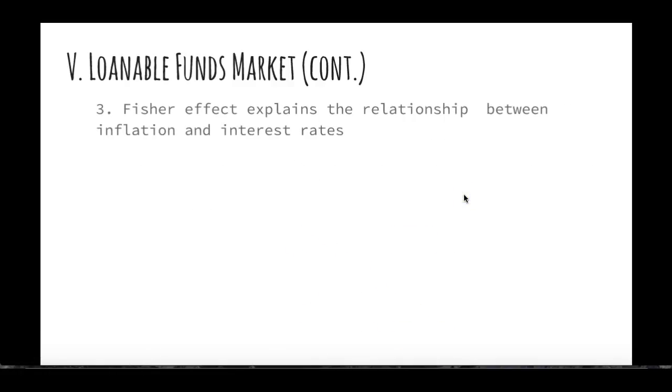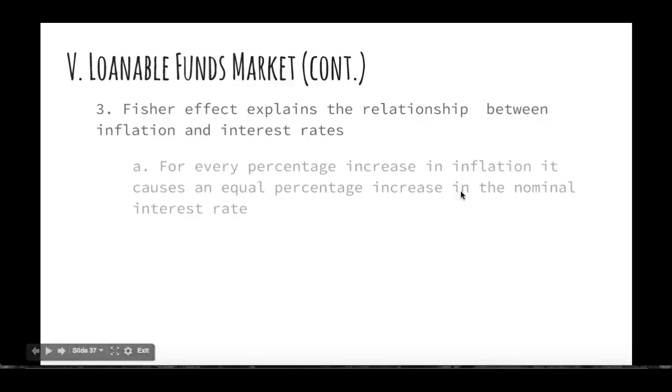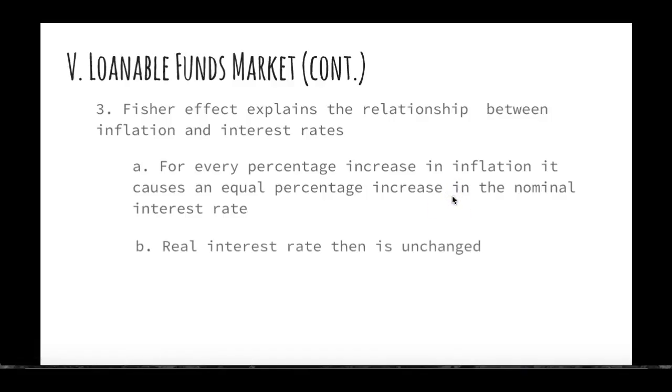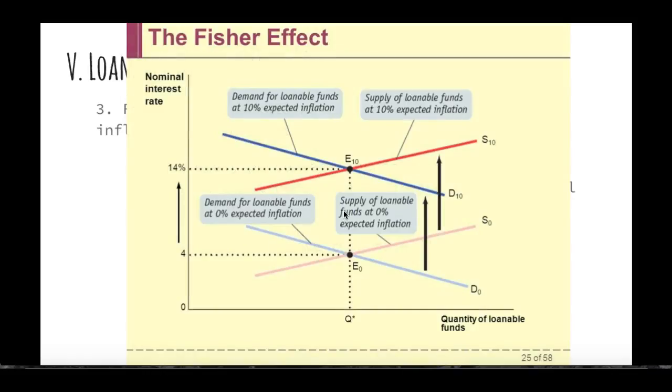All right, I also want to talk about the Fisher effect. The Fisher effect basically explains the relationship between inflation and interest rates. For every percent increase in inflation, it causes an equal percentage increase in the nominal interest rate, so the real interest rate is unchanged. So this is what this looks like.